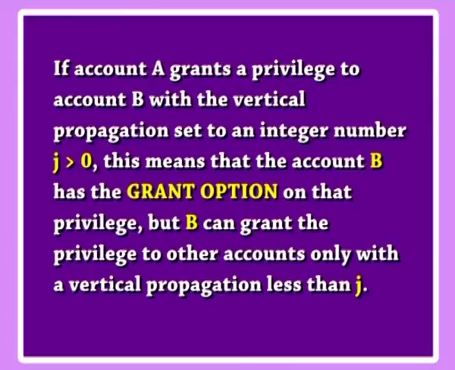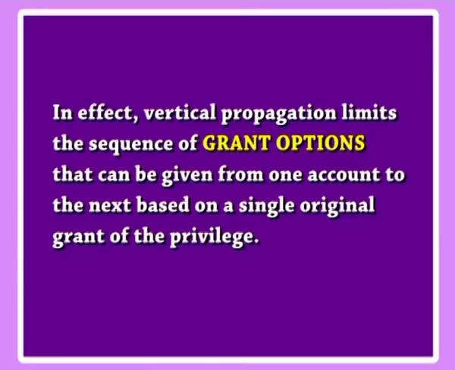If account A grants a privilege to account B with a vertical propagation set to an integer number j greater than 0, this means that the account B has the grant option on that privilege, but B can grant the privilege to other accounts only with a vertical propagation less than j. So, in effect, vertical propagation limits the sequence of grant options that can be given from one account to the next based on a single original grant of the privilege.